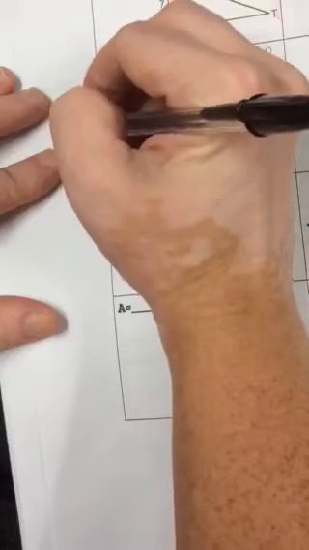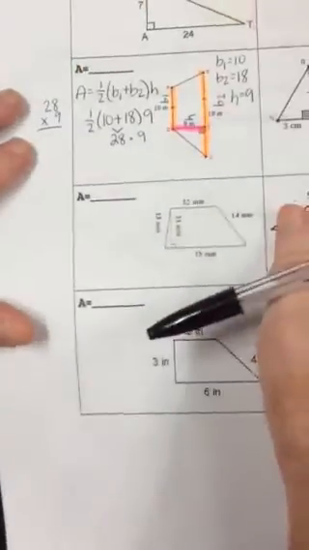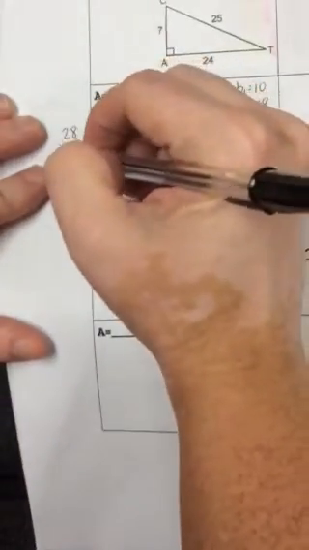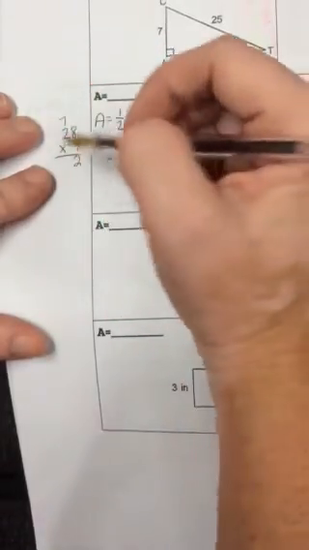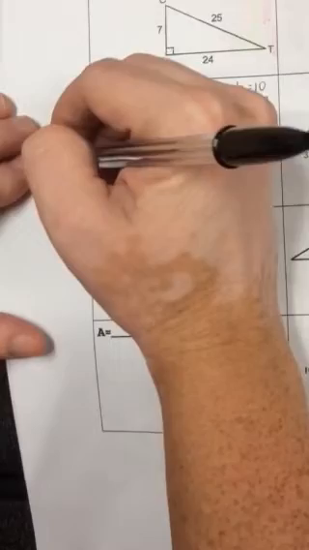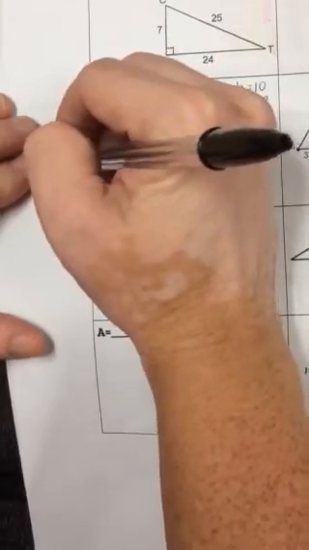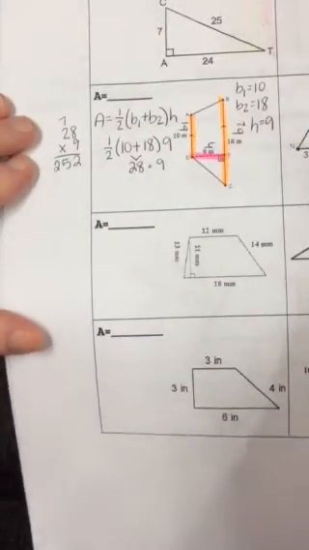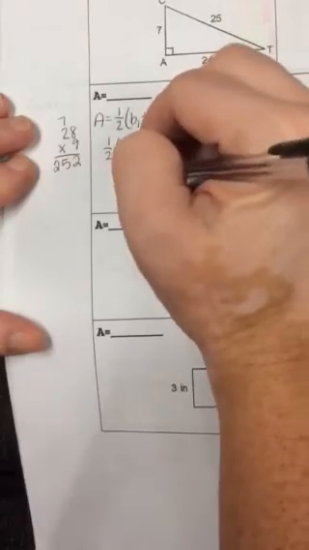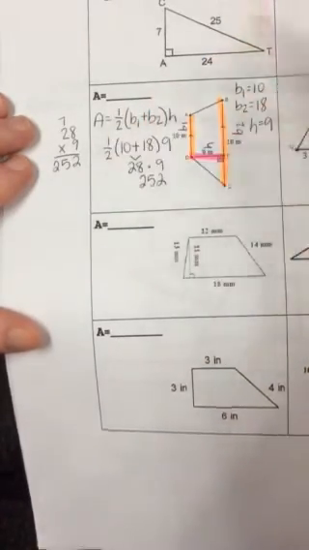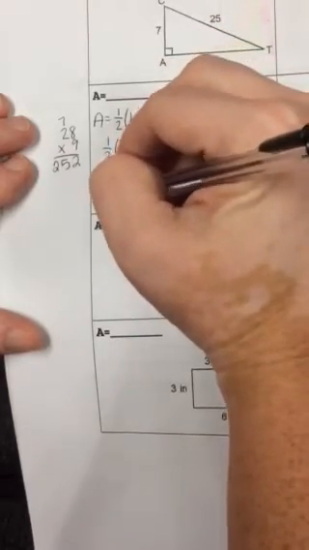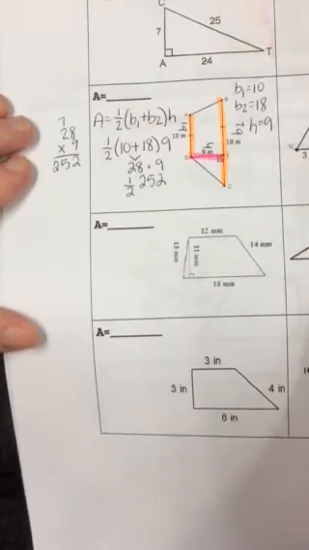So 28 times 9, if I come over here and I do that, 8 times 9 is 72. 18 plus 7 is 25. And I get 252. But remember, I'm not done because there still is a half. So I want to take half of 252.